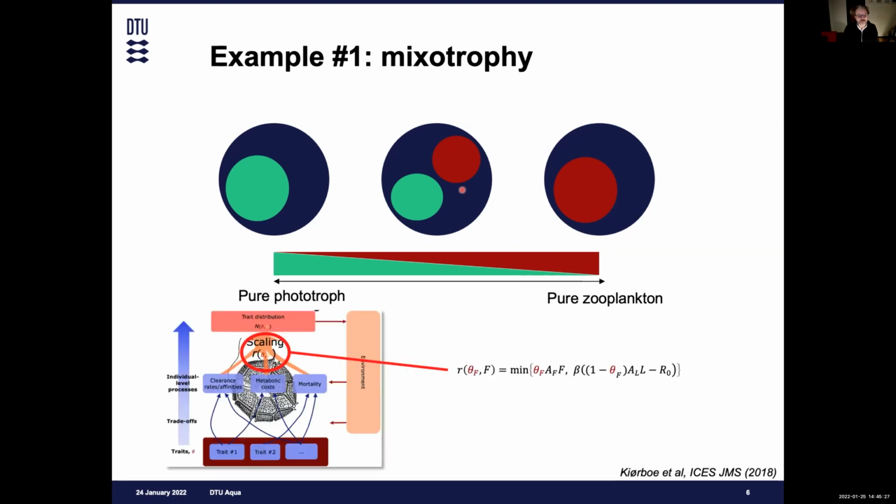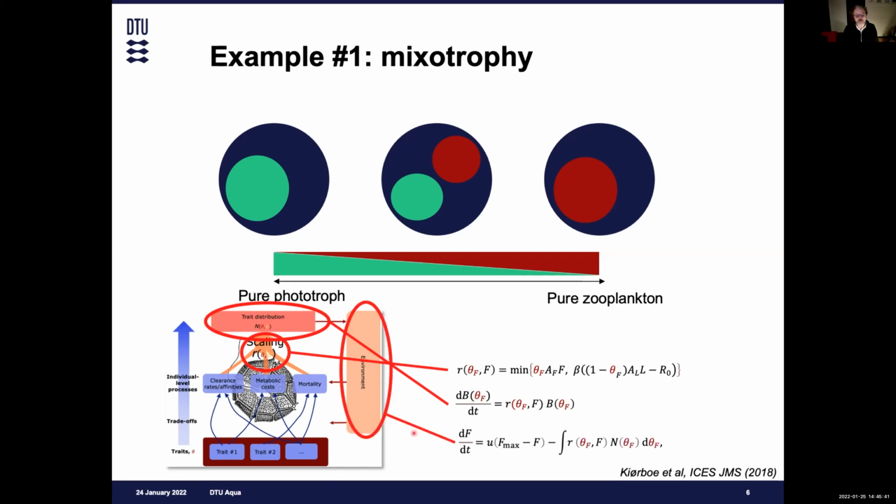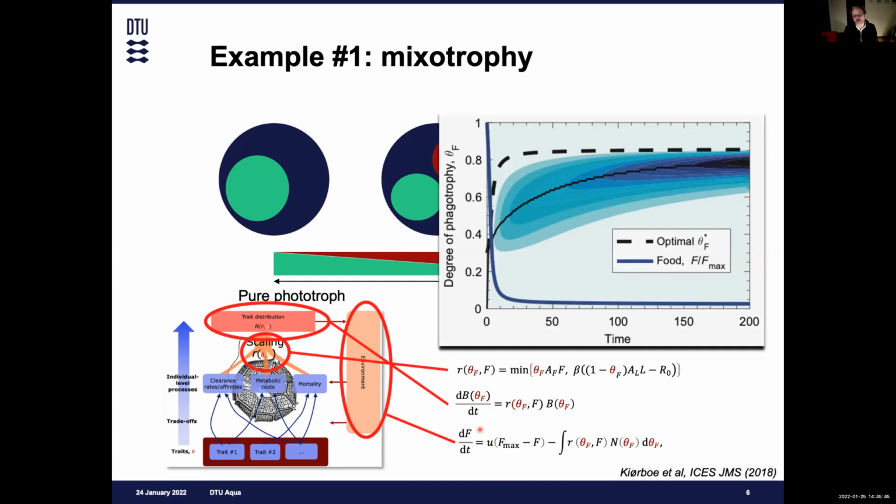Then we can write simply the population growth rate as the minimum of how it acquires its resources. We can solve for the trait distribution, put in its effects on the environment, and we get something like this here. This is in a model chemostat setup.